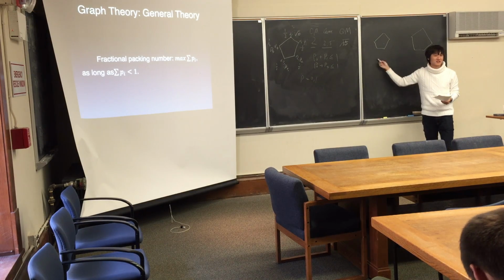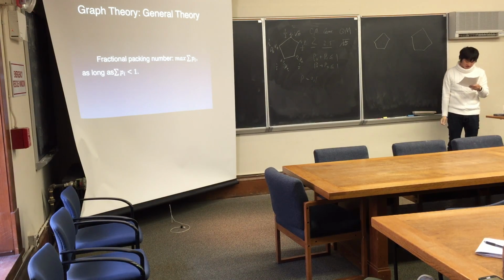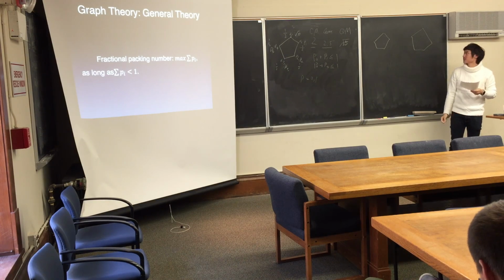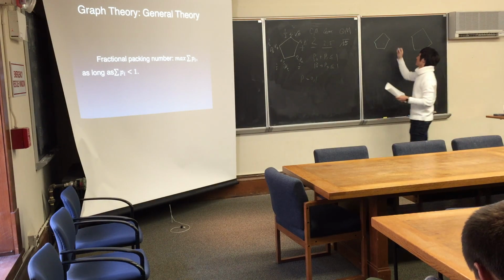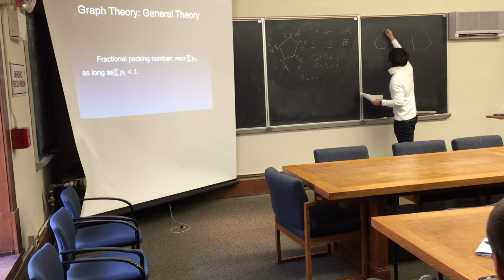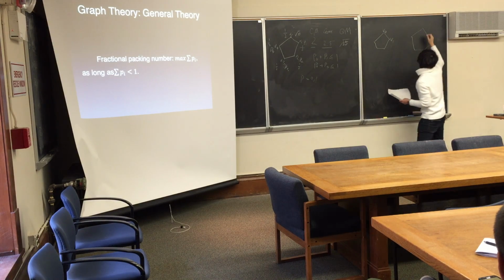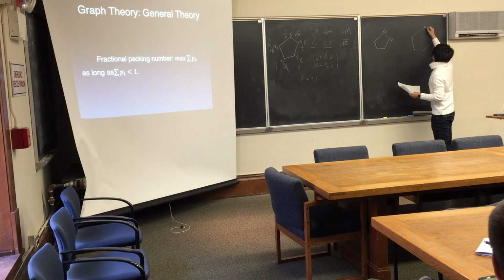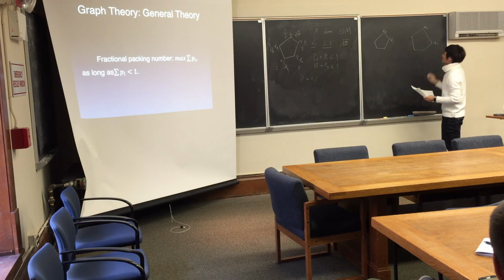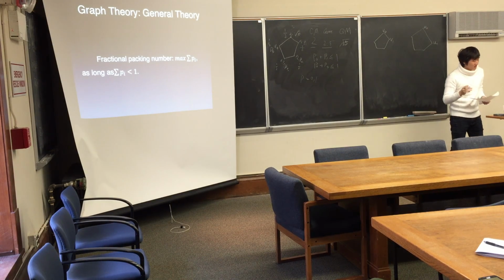Like for example, one in Chicago and one in New York, right? And there's the vertex. I will draw all of them.